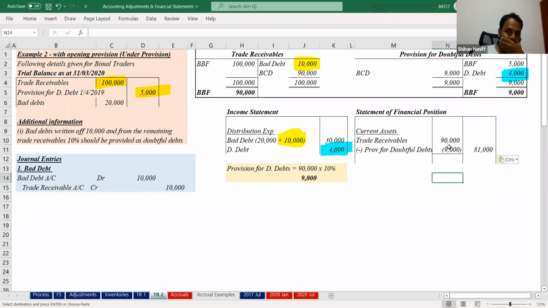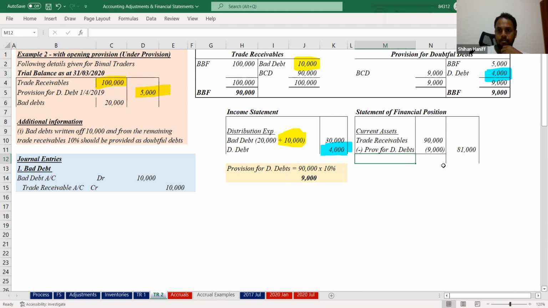Current assets, 90,000. Trade receivables, 90,000. Provision is 9,000, 81,000.